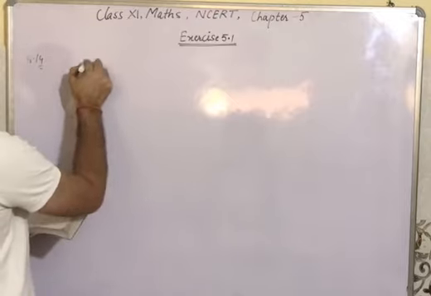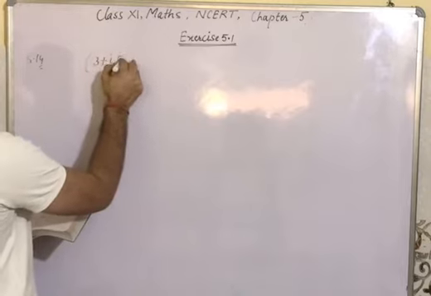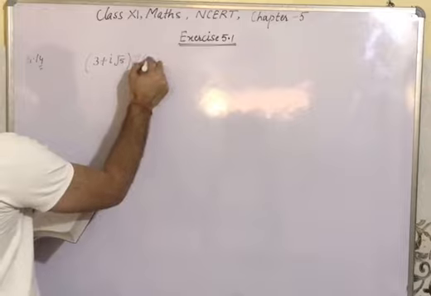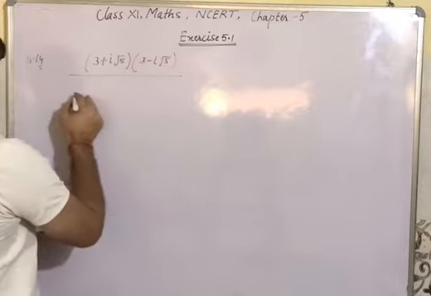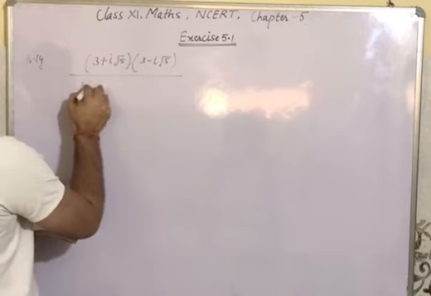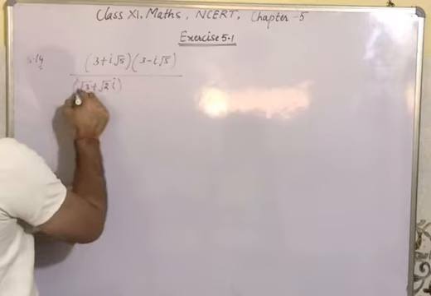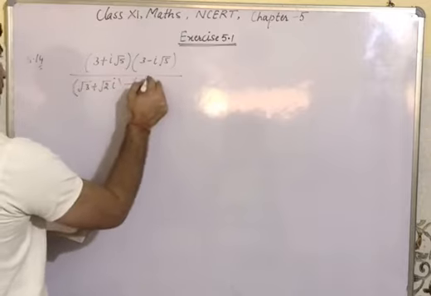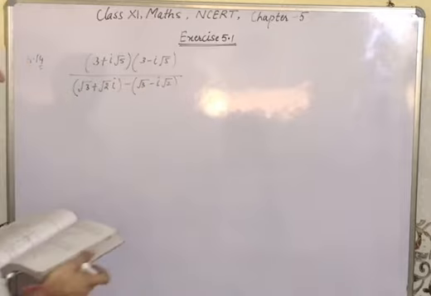Write in the form of a + ib: (3 + i root 5) and (3 − i root 5), multiply both terms, and then (root 3 + root 2 i) and (root 3 − i root 2), and solve this.